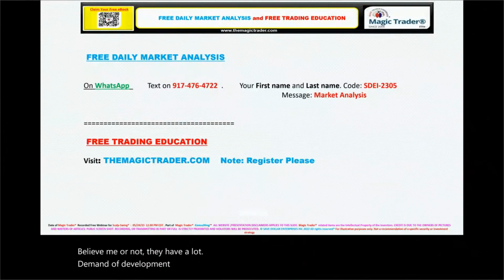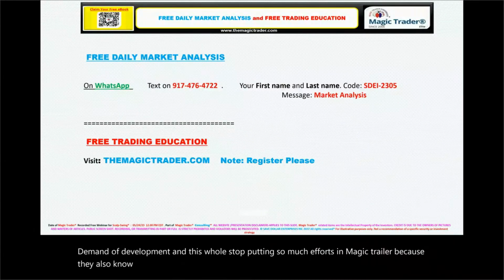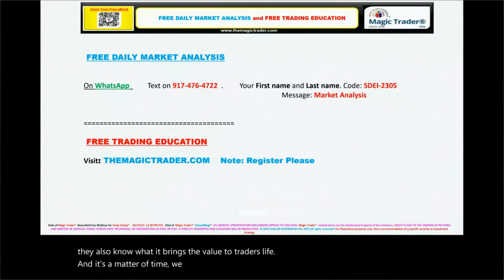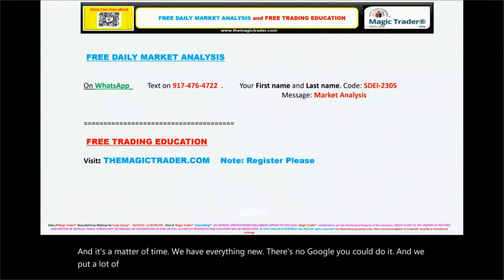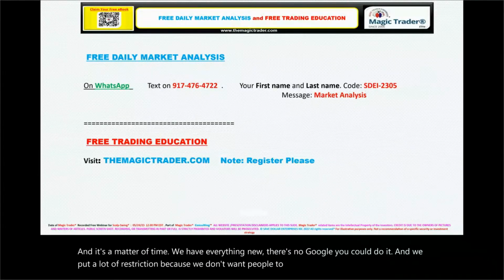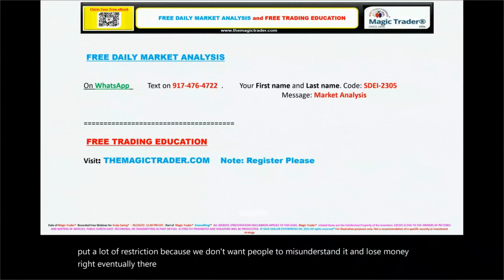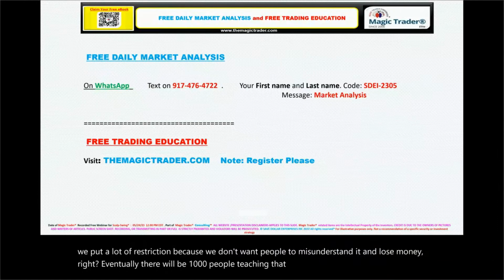And this whole staff is putting so much effort into Magic Trader, because they also know the value it brings to traders' lives. And it's a matter of time. We have everything new. There's no Google you could do it. And we put a lot of restrictions because we don't want people to misunderstand it and lose money. Eventually, there will be 1,000 people teaching that.